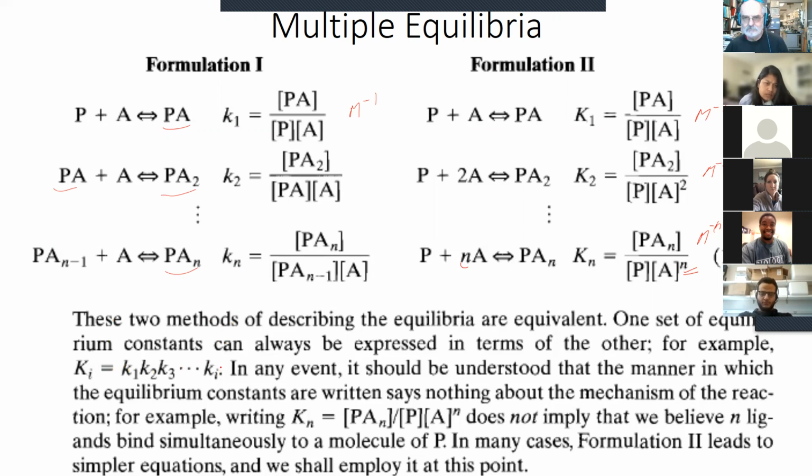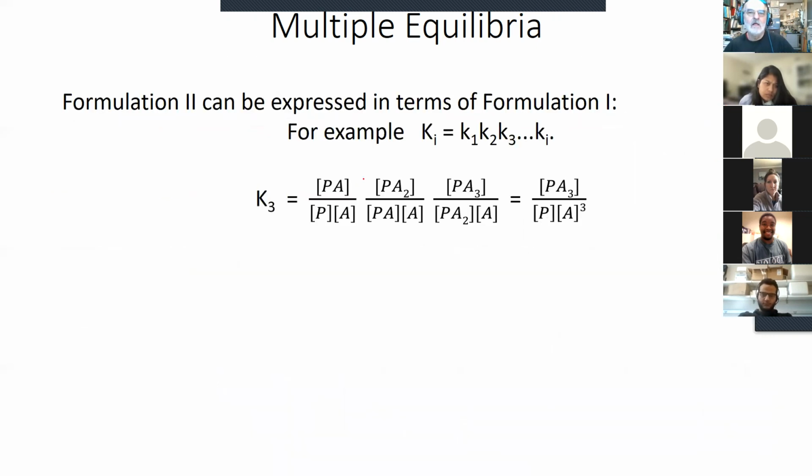And so let me go ahead, I guess. It can be expressed in terms of formulation 1, which is what I've recreated here. For example, if I did K3, there would be K1, this is K1, and this is K2, and this is K3.